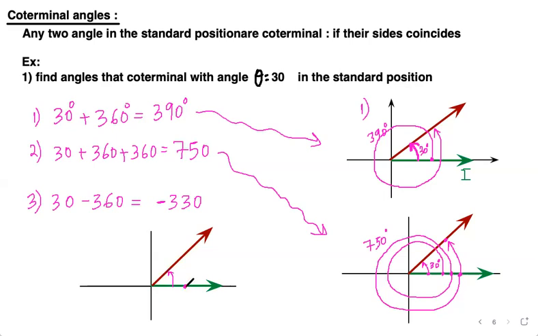Then because it's negative, this means I have to rotate clockwise like this until here, because from here to this point it's minus 180. Why?